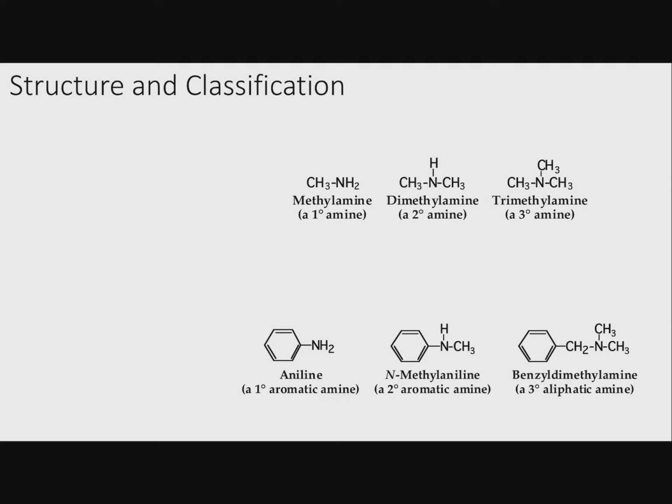Now the amines come in primary, secondary, and tertiary form, just like our alcohols did. And all this means is that our nitrogen is either going to be attached directly to a carbon that only has hydrogens on it, or a carbon that has, here it isn't anything like with alcohols.